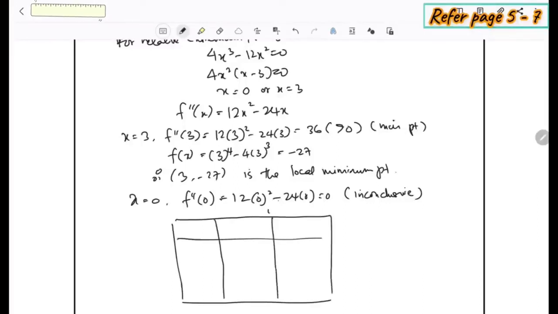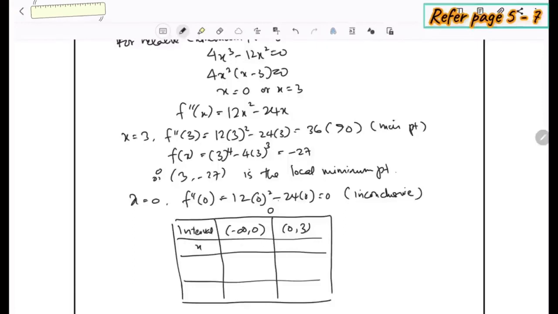This is 0, so these are the intervals: negative infinity to 0, and 0 to 3. Choose a value of x, negative 1 and 1. So this is f prime x and conclusion.